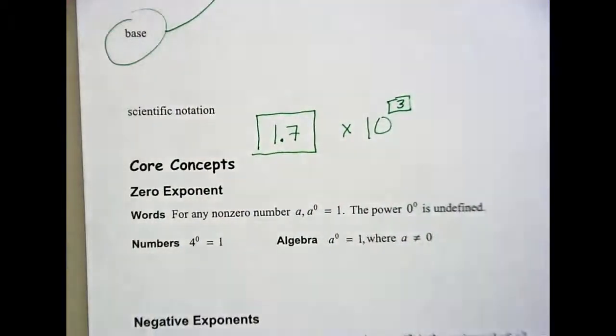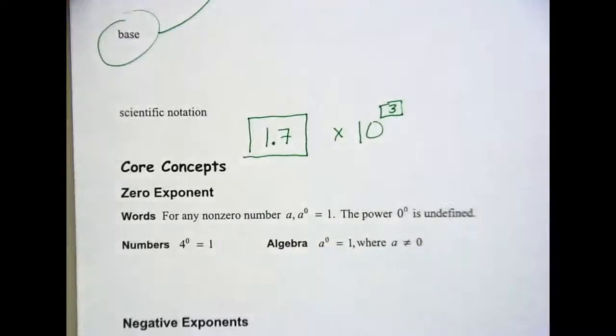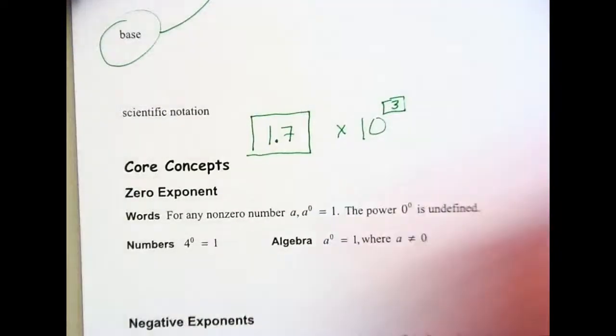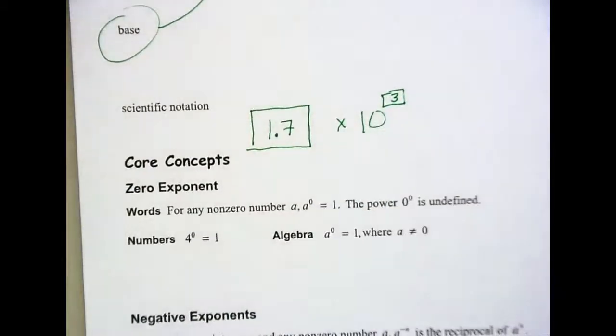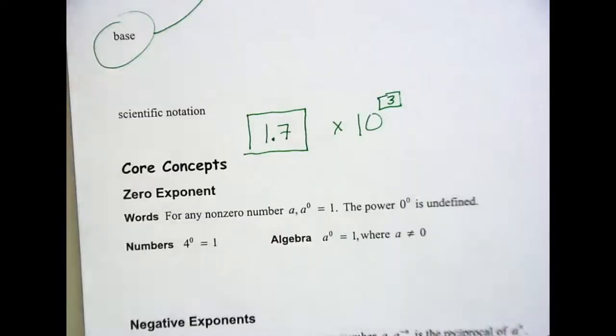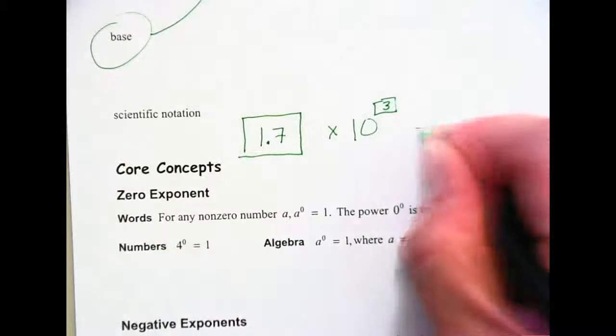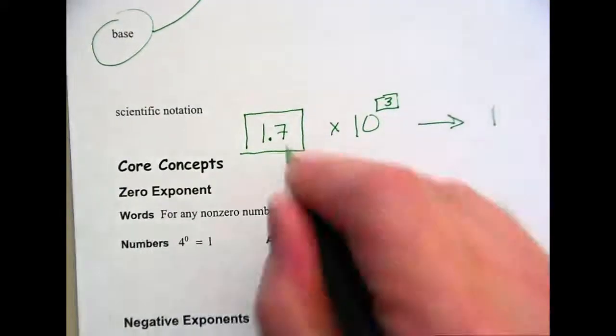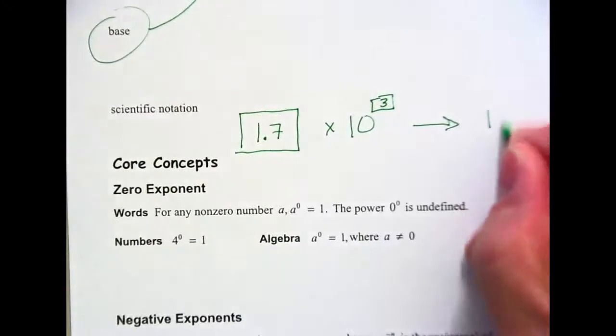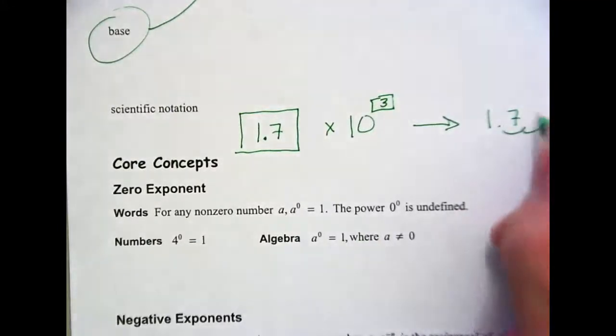We use this to represent really big or really small numbers. So 1.7 times 10 to the third, well, 10 to the third is 10 times 10 times 10, or 1,000. When I multiply 1.7 times 1,000, it just moves the decimal 3 places: 1, 2, and 3.